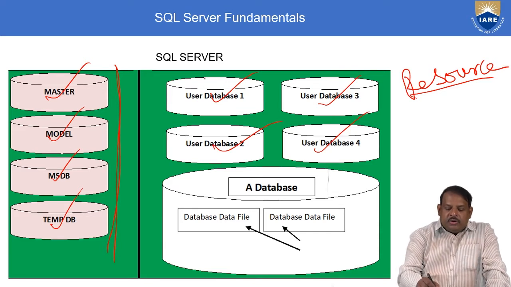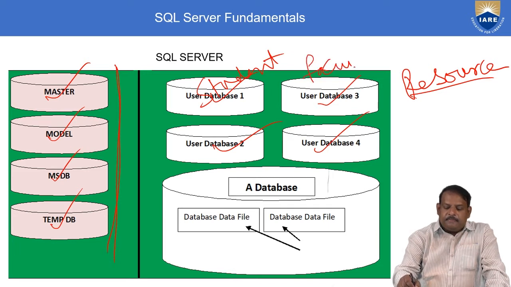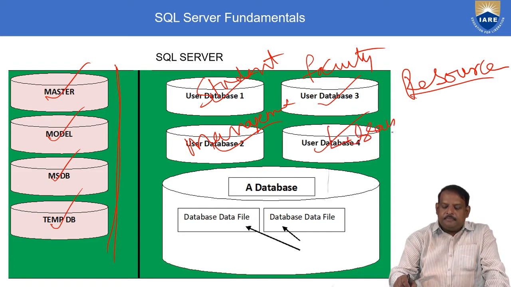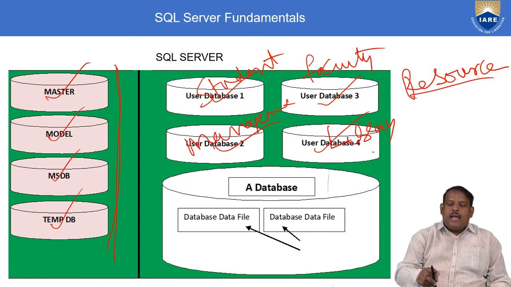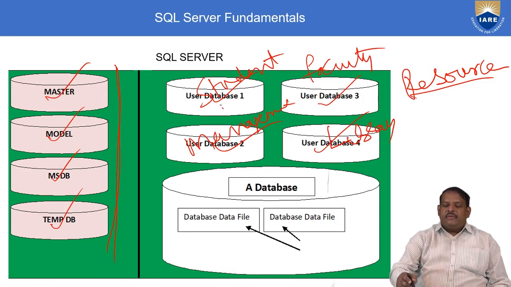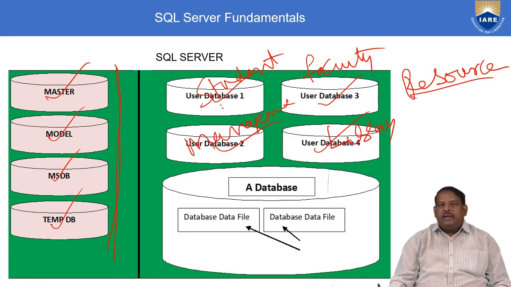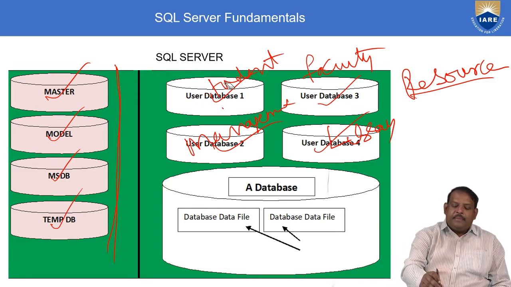I can have a student database, faculty database, management database, and library database. So the first database is for students, the second is for the faculty, the third is management, and the fourth is library.